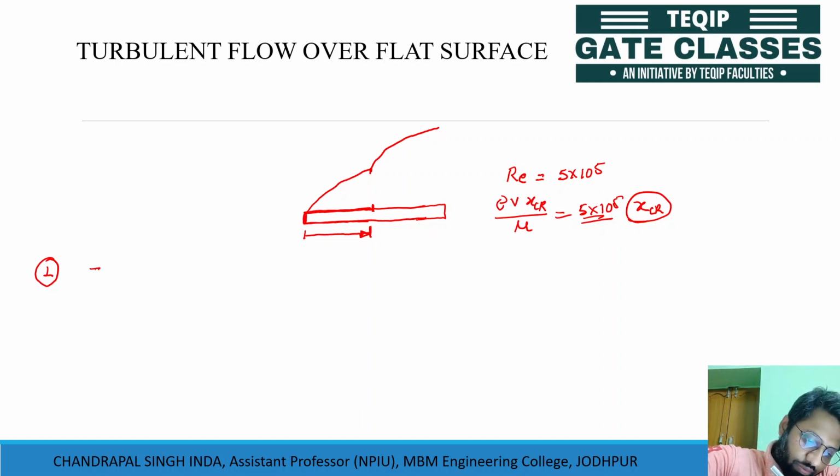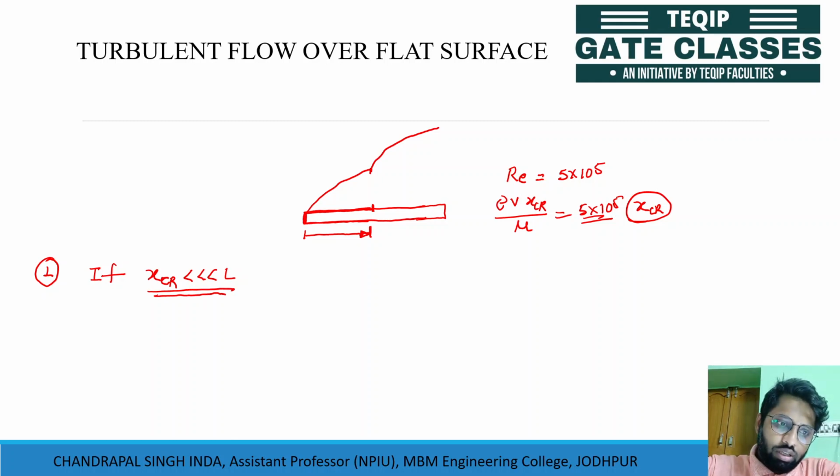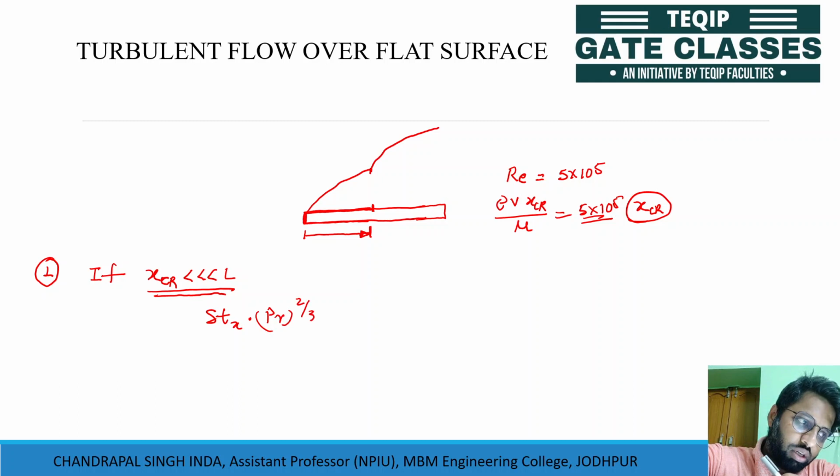In this case, if x critical is very much less than the length of the plate, we are not going to consider the laminar flow, and the result obtained is that the Stanton number x times Prandtl number power 2 by third is equal to 0.296 Reynolds number power minus 1 by 5.